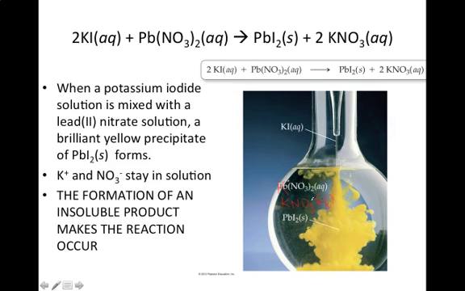And lead iodide solid, because it's potassium nitrate and lead iodide. So you should realize that this picture from your book is incorrect.